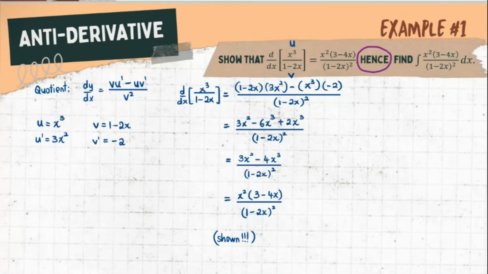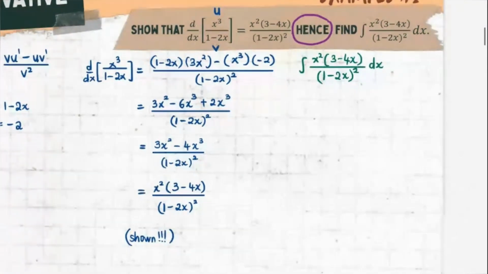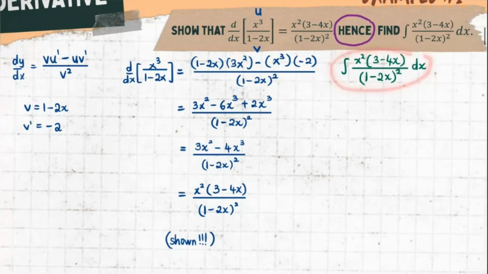Okay, now to answer the second part of the question here, hence find the integral. So this question asks us to find the integration of x squared, 3 minus 4x over 1 minus 2x squared dx. Okay, so before we copy the answer that we differentiated, first of all, look at whether the function that we want to integrate is the same as the result that we differentiated earlier. So here x squared multiplied by 3 minus 4x over 1 minus 2x squared.